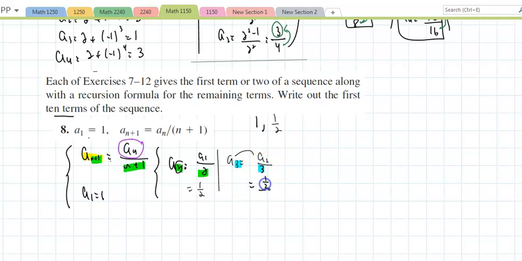So that is 1/2 over 3, that's 1 over 6. Trying to figure out a pattern if I can. Sometimes you can, most of the time you can't, especially if it's recursive. The previous term, 1 over 6, divided by 4, that's 1 over 24.